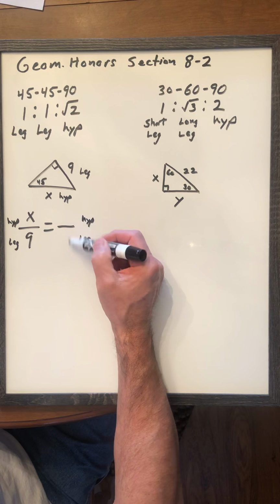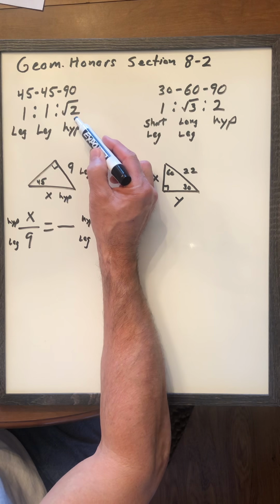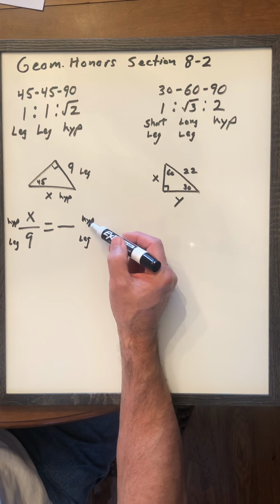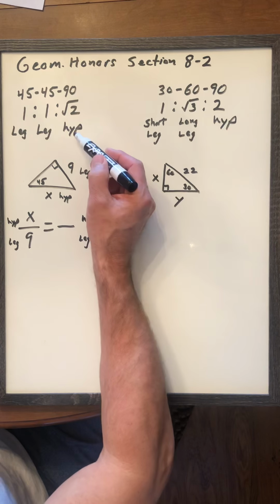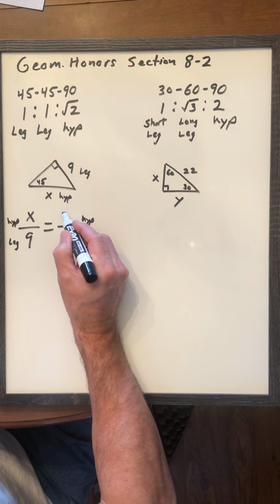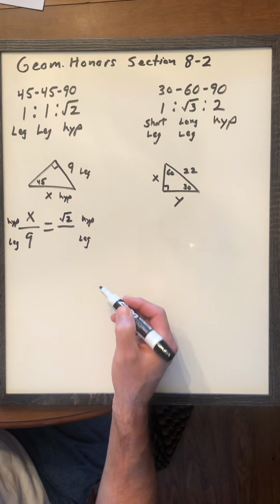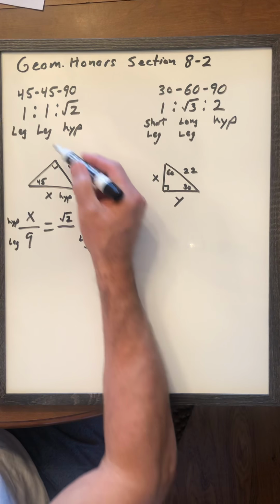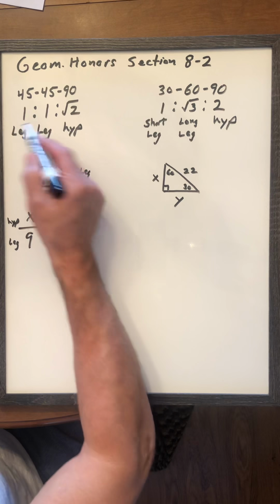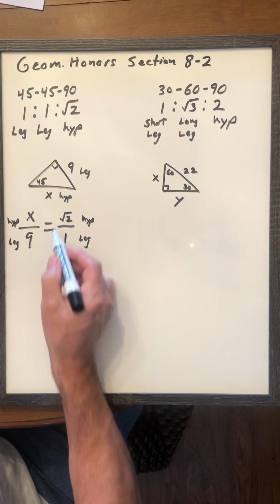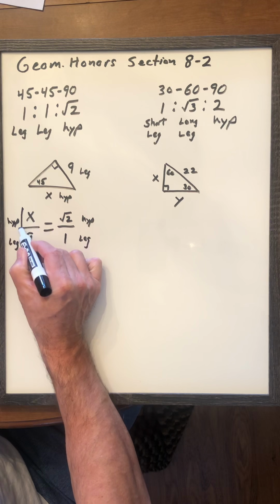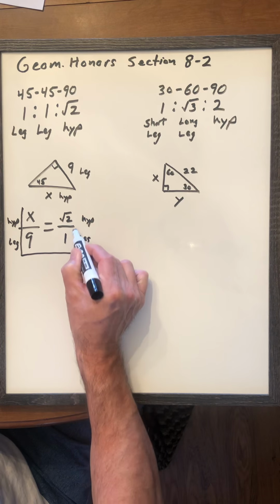My other fraction is going to come from the ratios. Since I have the hypotenuse on top, which was my X on this side, I choose the square root of 2, which is the hypotenuse, and it goes on top. And then the leg, and it doesn't matter, each of them is 1, so the leg would be 1. And so now I have formed a proportion.